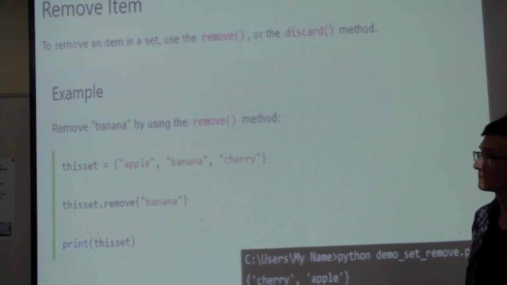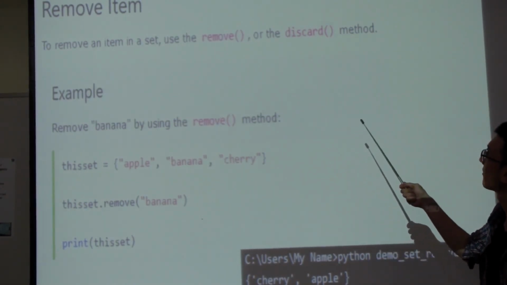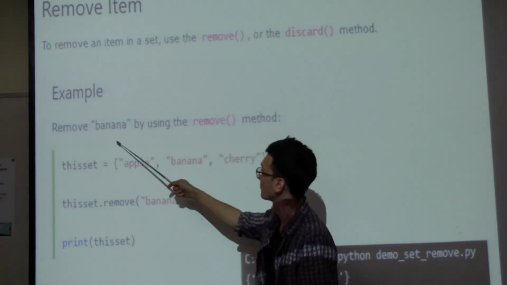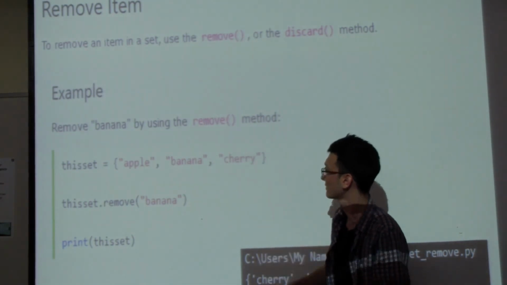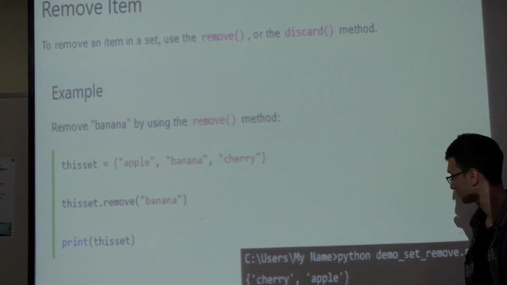Remove item. To remove an item in a set, use the remove or discard methods. For example, we'd like to remove banana by using the remove method. Now we are removing banana.